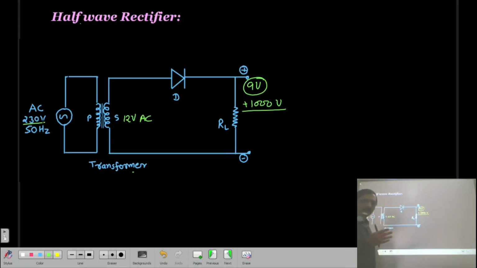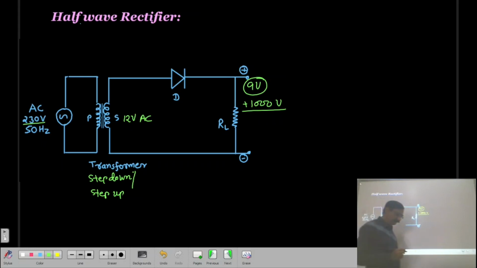In a step up transformer, the secondary voltage will always be greater than the primary voltage. So here the transformer is used to increase or decrease the AC voltage according to our requirement. So a transformer can be a step down or it can be a step up.